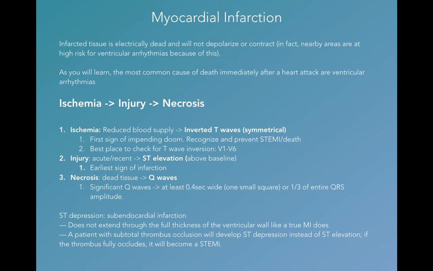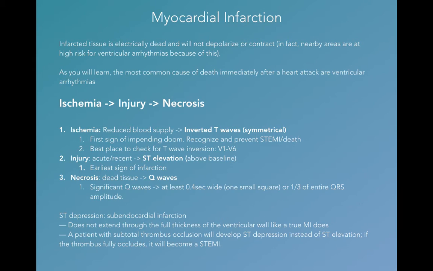So that's why old EKGs are important to have when analyzing a patient, because you can tell if they have Q waves or not. And remember, Q waves, if you think about the QRS complex, it's the first part. So you can have insignificant Q waves, but they are also a marker of necrosis. So if a patient says they had an inferior MI 10 years ago, then the EKG might show Q waves in 2, 3, AVF.